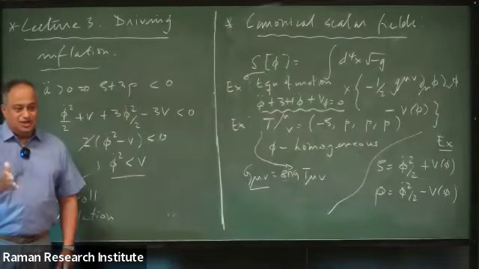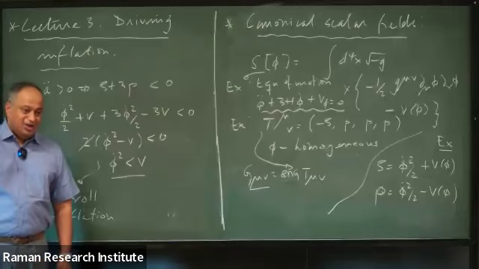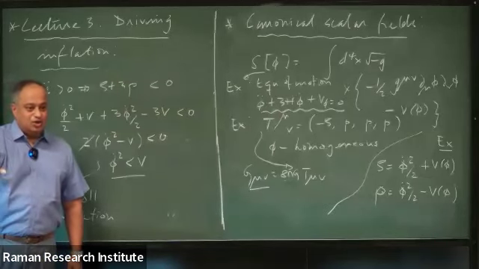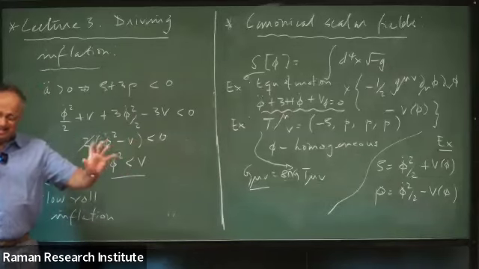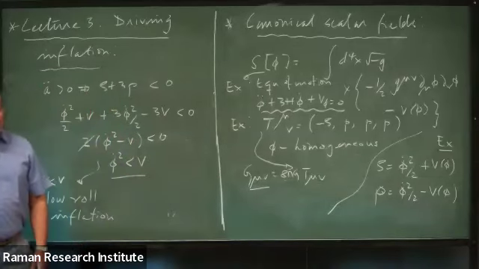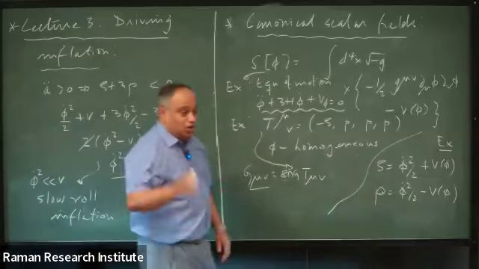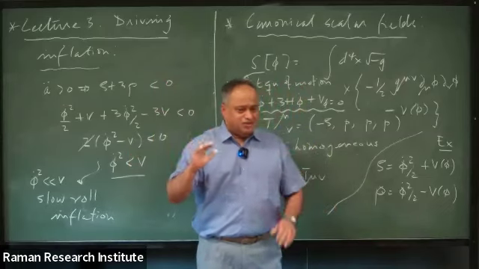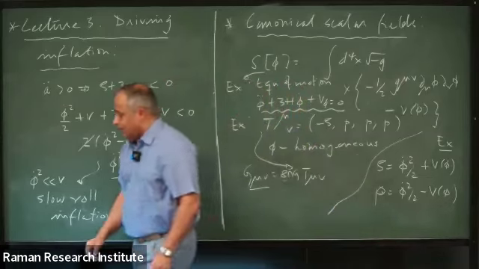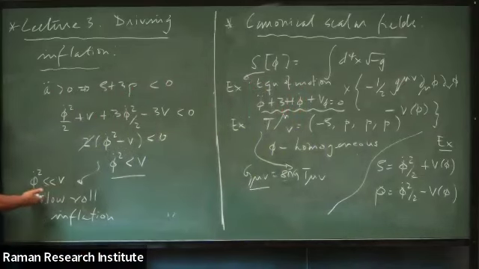So if you have a potential, and if the field is already slowly rolling, it will continue to roll slowly, and you want to ensure it is slowly rolling for a suitable duration so that you have a sufficient duration of inflation. If it is rolling faster, this term will slow down the field. So you are almost guaranteed inflation in most situations, okay? But if you want an adequate duration of inflation, it is important that you also demand slow roll inflation.